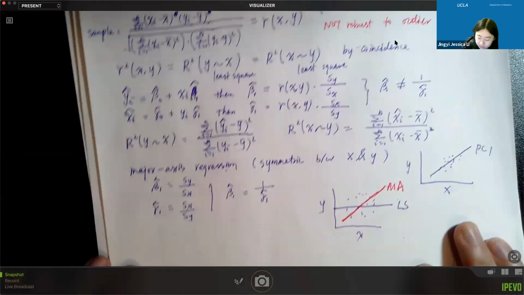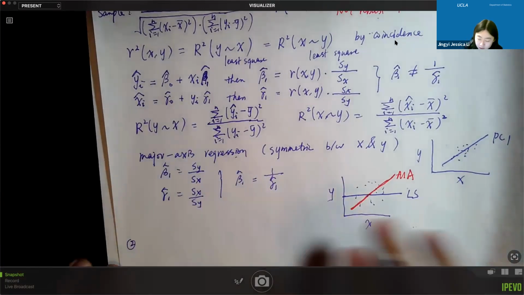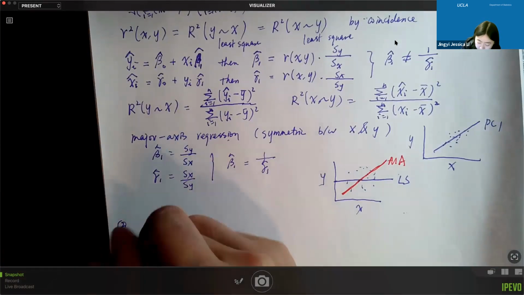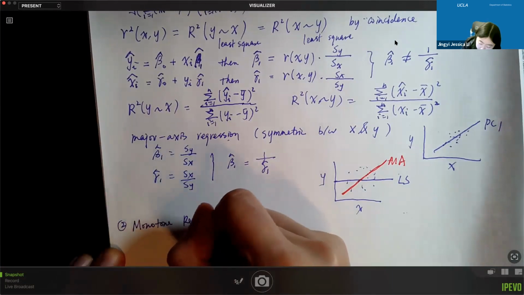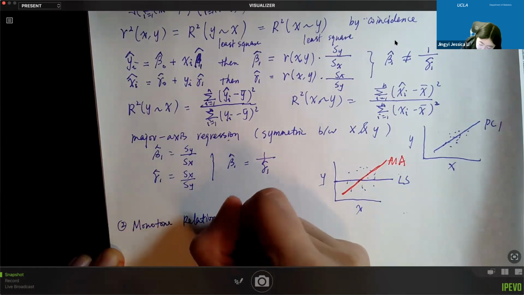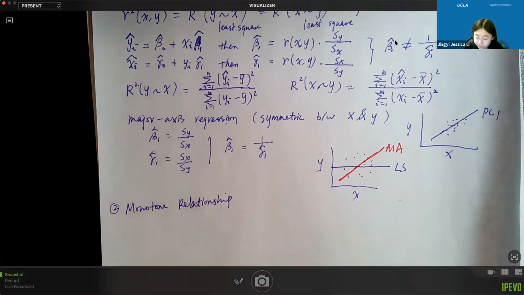In the second case, if we're interested in monotone relationship, which means that the relationship is still, when one variable is large, the other is large, when one is low, the other is low, but it's not necessarily linear.